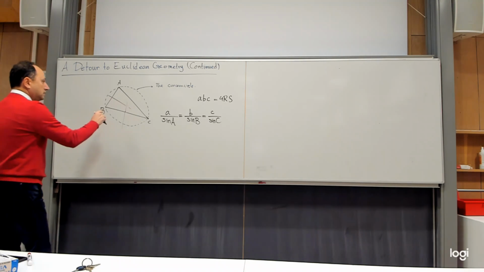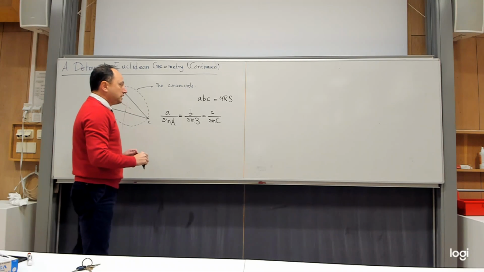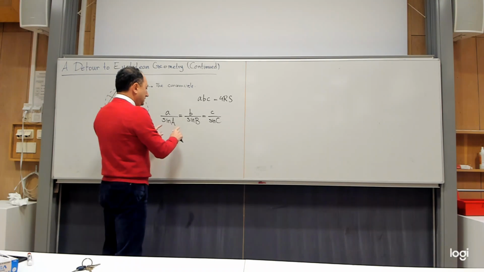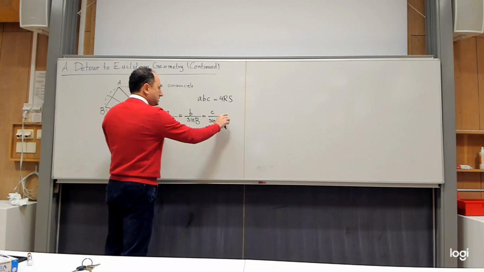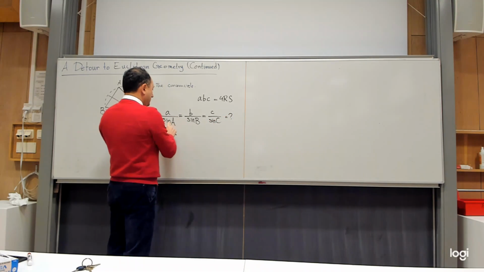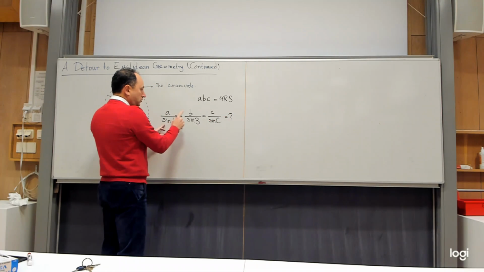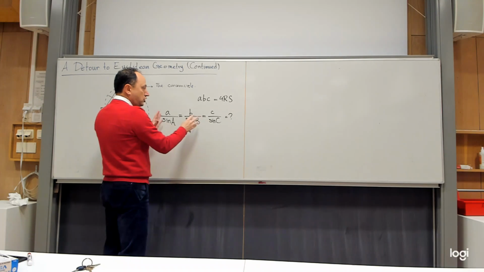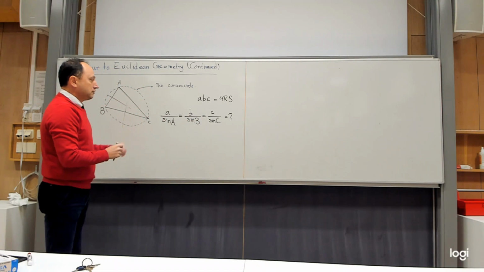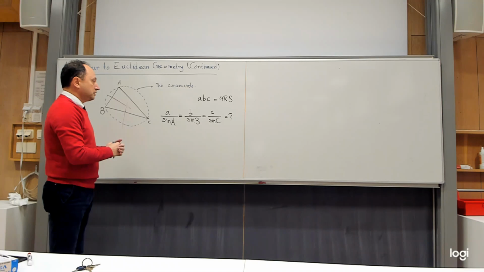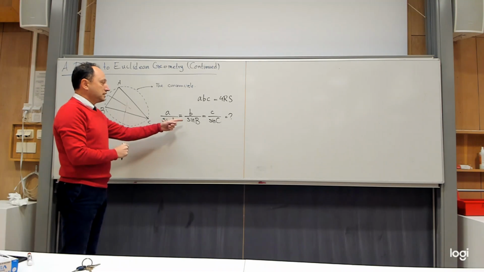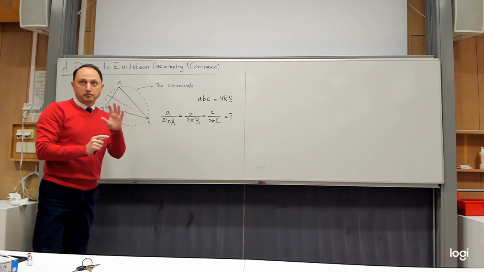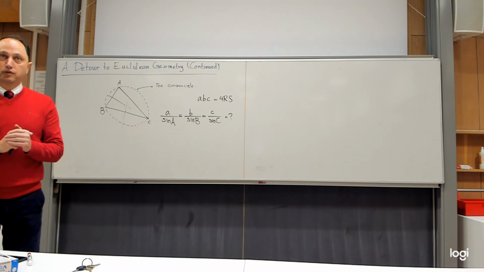Today we want to answer what this number is. Of course we know that this is equal to that, and this is equal to this; we showed this using the area rule. And what was the area rule?